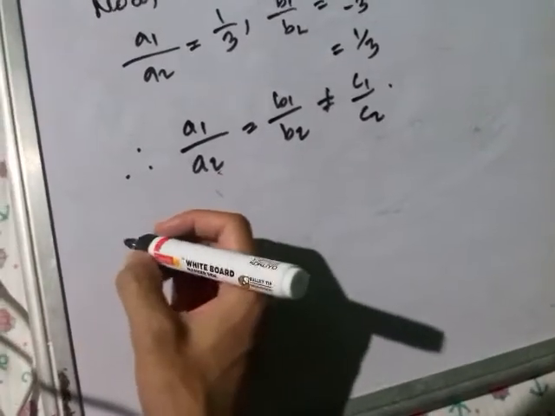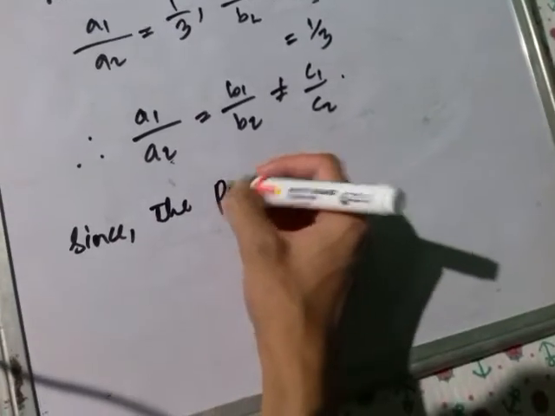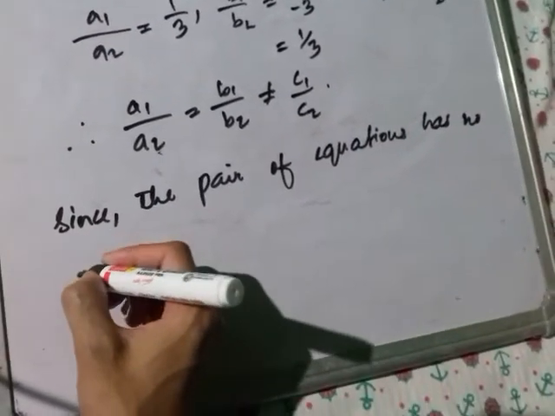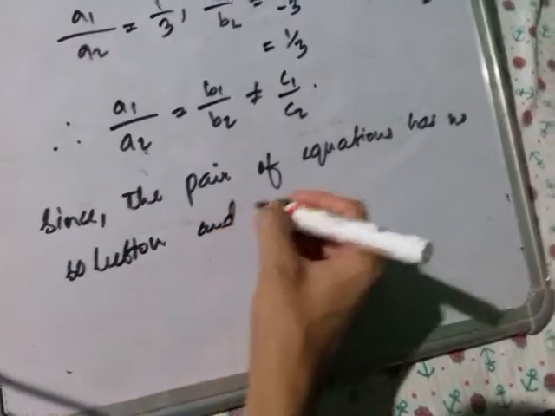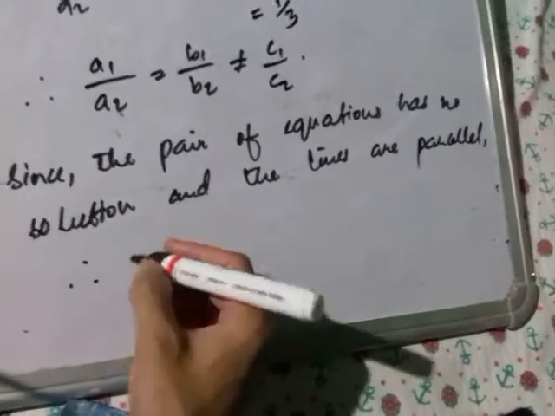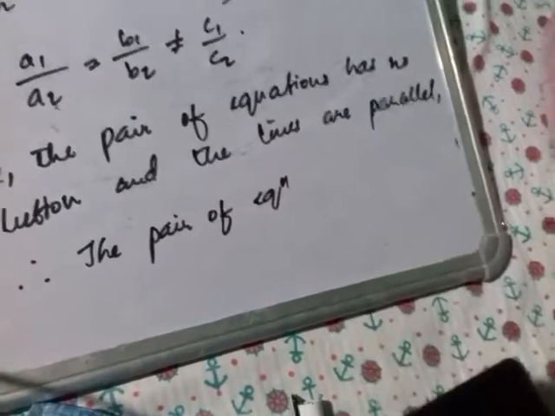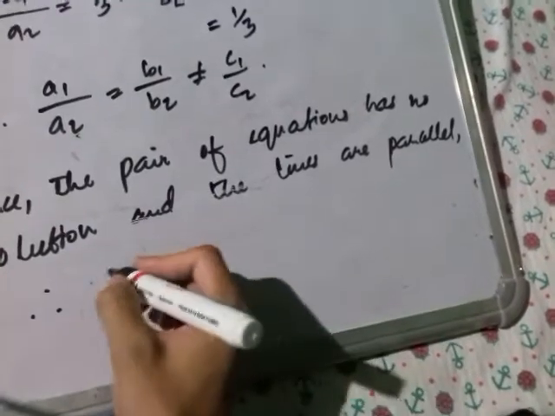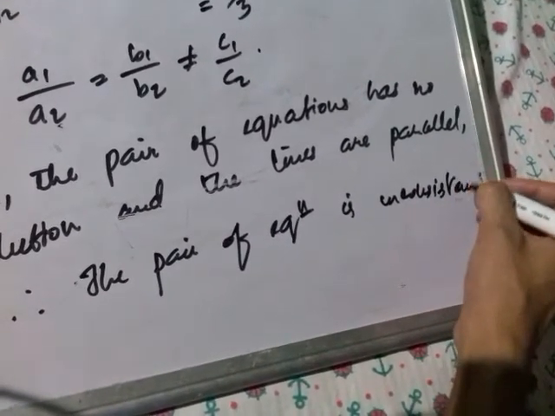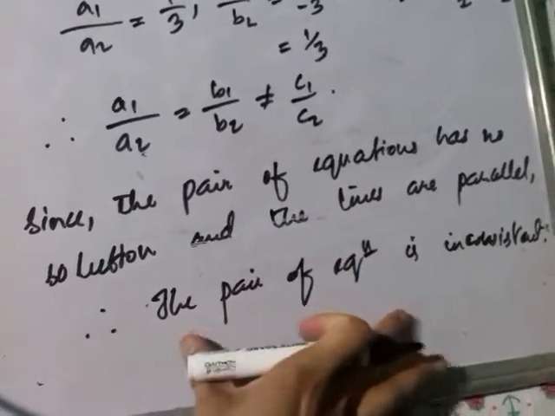So here you will write: since the pair of equations has no solution and the lines are parallel, therefore the pair of equations is inconsistent.